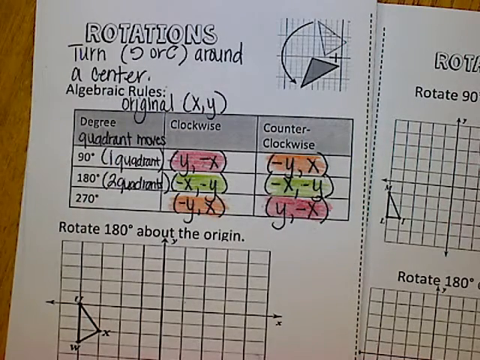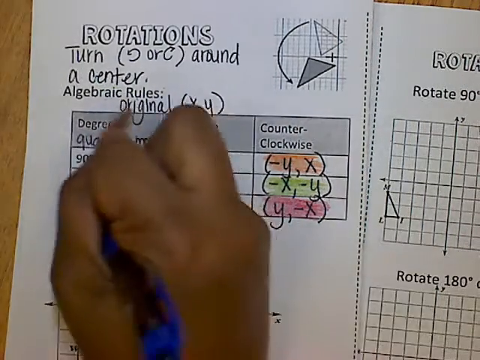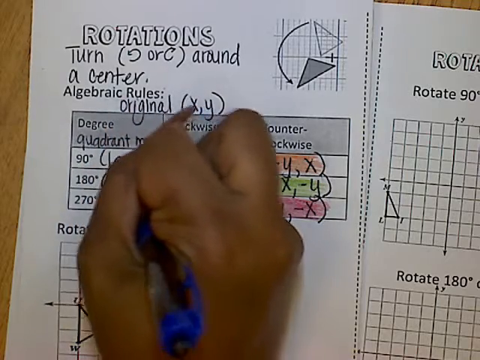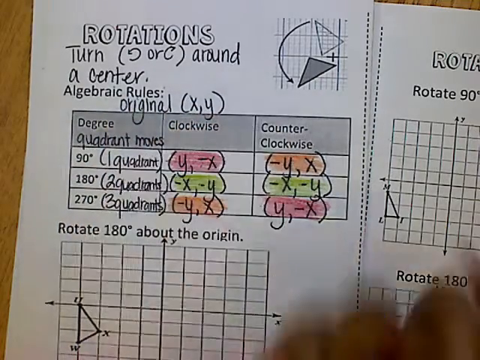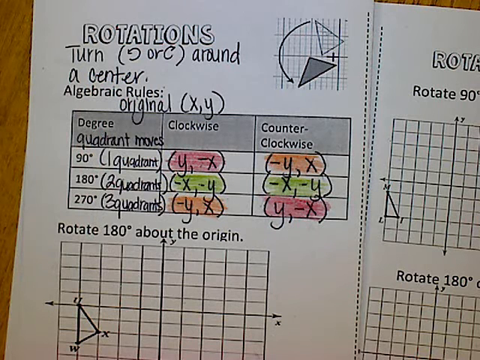And as you can probably guess, if it's 270 degrees, it moves 3 quadrants. Again, just ways for you to easily check your work. We're going to practice this because practice makes perfect. A lot of this stuff doesn't make sense until you do it.